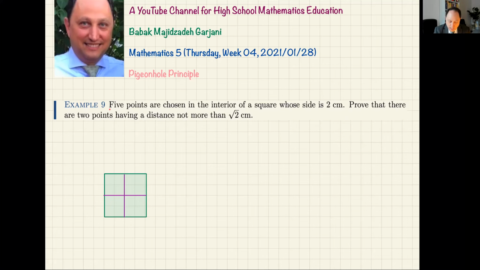So by looking at these 5 points and trying to give them the role of pigeons, I would say to myself, is there any way that I can have 4 pigeonholes? And then in this way of thinking, it might not be hard to realize that we divide our square into 4 regions by imagining this cut. This cut is not there. I am just imagining it in my head.